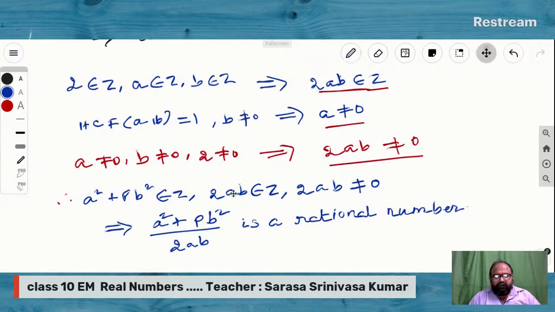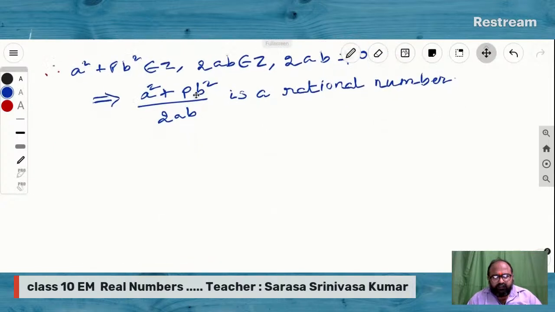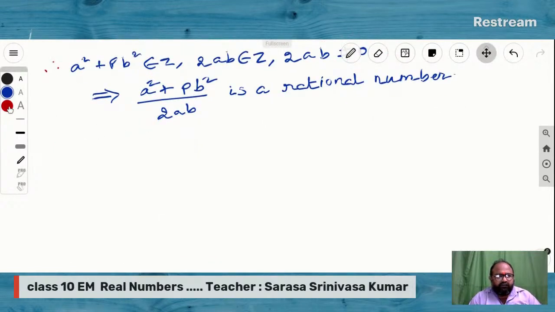So if the right hand side term is a rational number, then we can conclude that the left hand side term is also a rational number. So this implies that square root of q is a rational number.